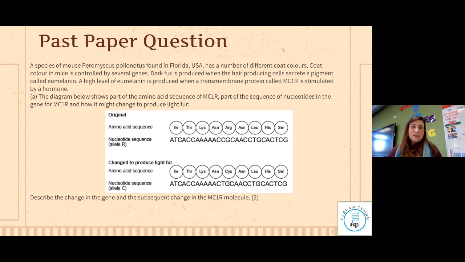Okay, let's have a look at this question. So read the information and the information in the diagram and then answer the question at the bottom. Okay, so you've got the original information and you've got the changed information.